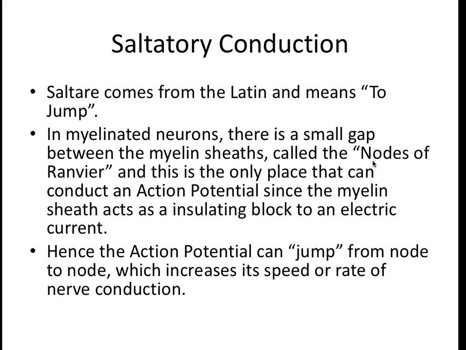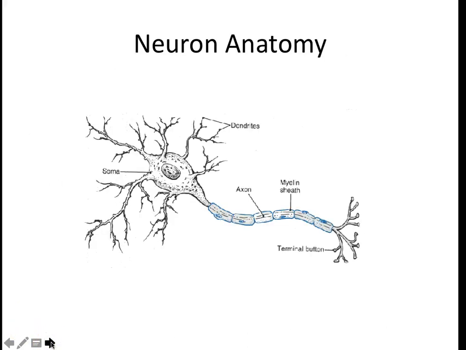It was discontinuous, not continuous. And he got it named after him. So, nodes of Ranvier. This is the only place that can conduct an action potential since the myelin sheaths act as an insulating block to an electric current. Hence, action potentials can jump from node of Ranvier to node of Ranvier, which increases its speed or rate of nerve conduction. And this is one diagram.